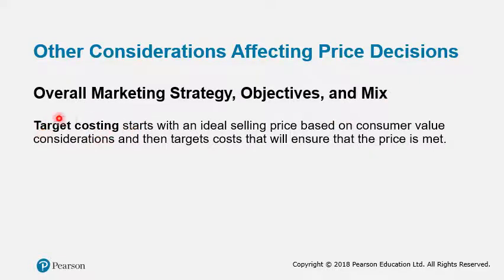First, you may want to look at your target costing, which starts with an ideal selling price based on customer value, and then a target cost at which it will ensure that the price is met. Meaning you will look at how much customers will want to buy, and look at your cost, and then try to find the balance in between.